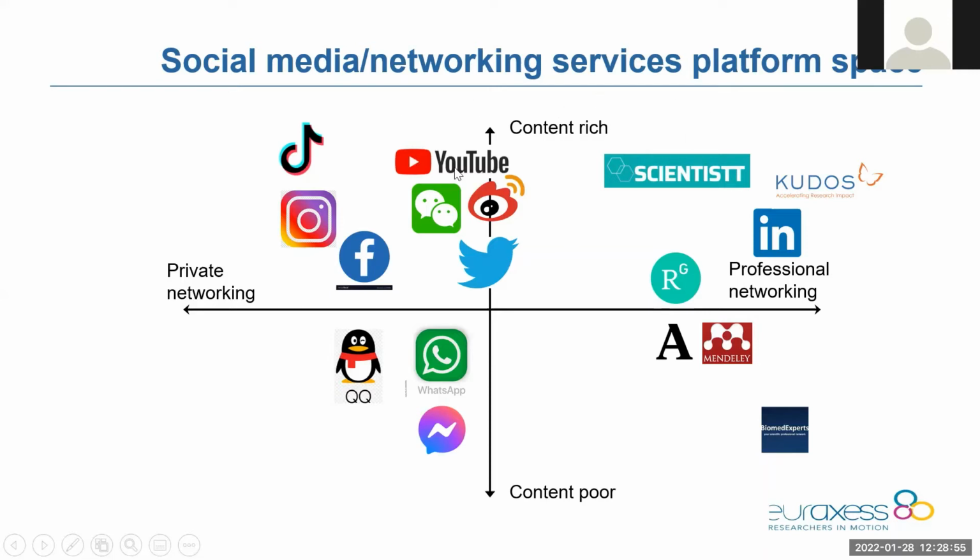So now here we have content-poor social media, and here we have content-rich social media. Let's say YouTube is more for private networking. It is content rich. You can present video, photos, music, or something like this. For example, it is not easy to publish a presentation, but if you make a movie of the presentation, you can publish it even on YouTube.